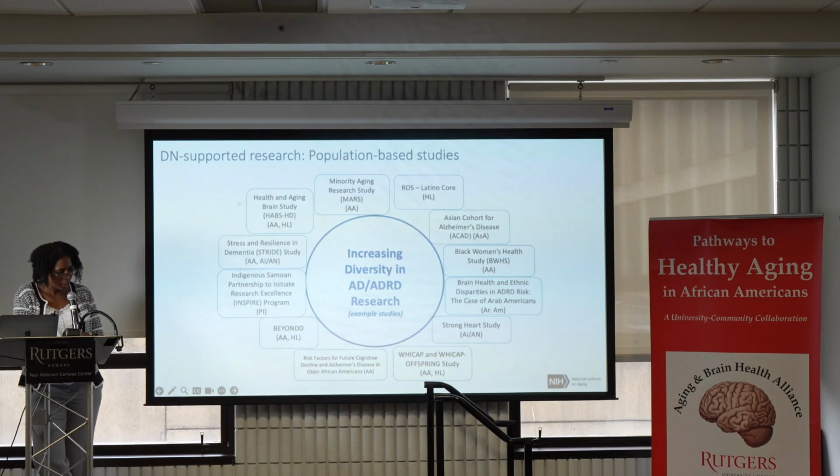So we support several longitudinal cohorts that look at diverse populations, as you can see listed here: African Americans, American Indian, Alaskan Native, Hispanic, Latino, Asian Pacific Islanders, Arab Americans, and so on.